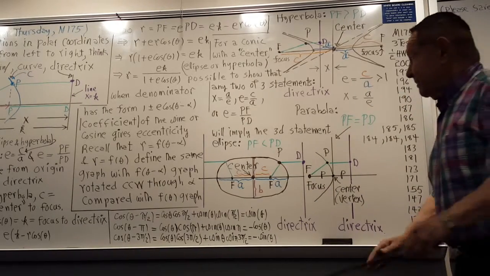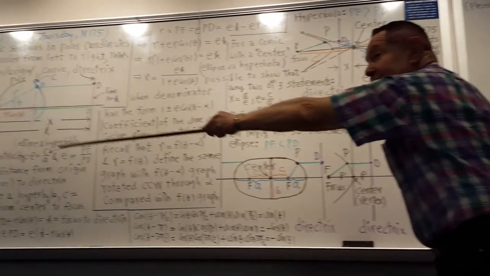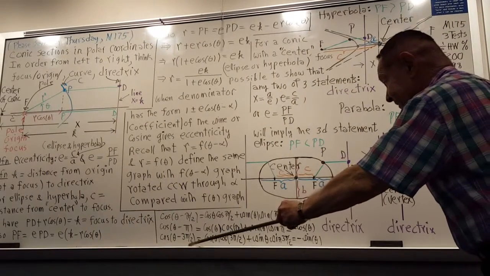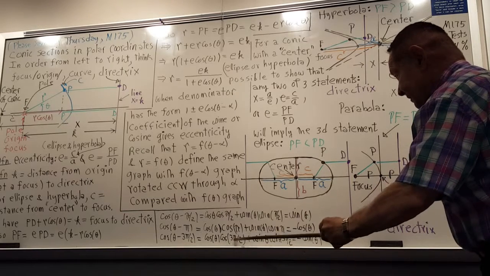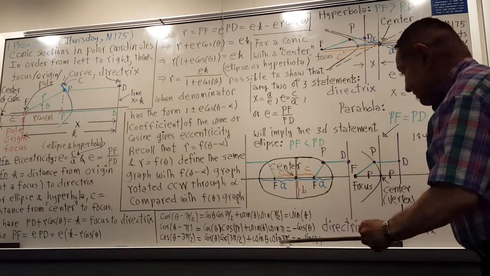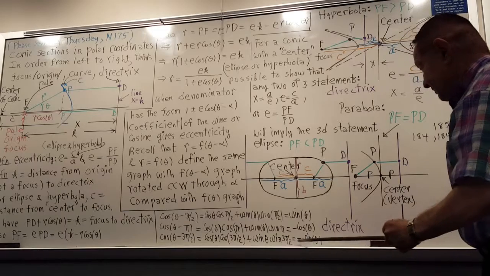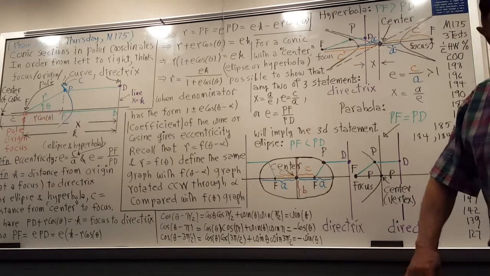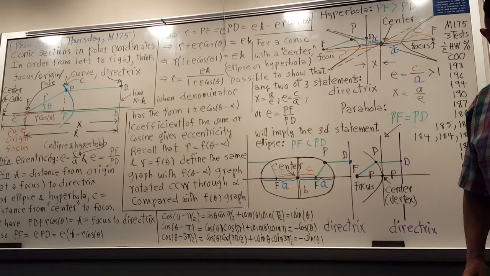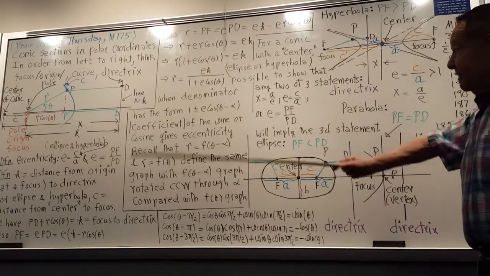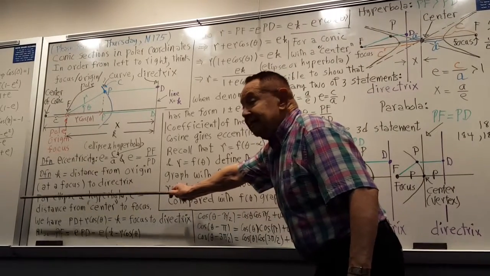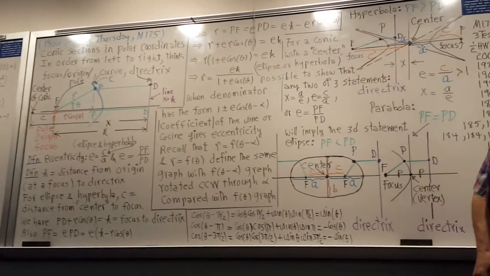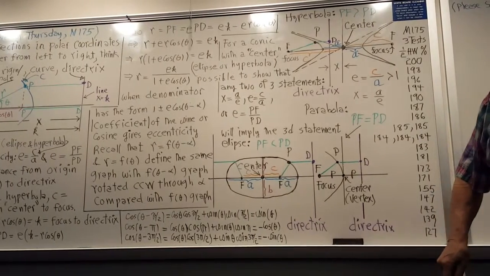And finally, if you rotated through 270 degrees, 3 pi over 2, your cosine would be 0, your sine is minus 1, so you have minus sine, and then you have the bottom picture on the page, and the directrix then is down here as a horizontal line, and that would be y equals minus k.